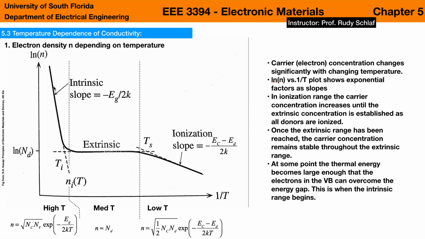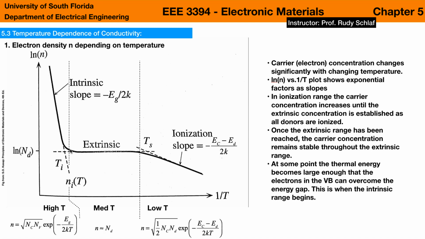And what we see here is at the low temperature range, we have a slope that is defined by the gap between the bottom of the conduction band and the donor level, divided by 2 times the Boltzmann constant. And so we walk up here as the temperature increases and the donors get more and more ionized, and then at some point they're all ionized and we enter the extrinsic range where the carrier concentration is constant.